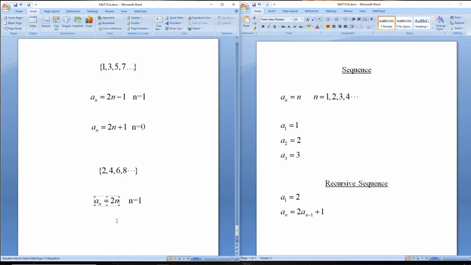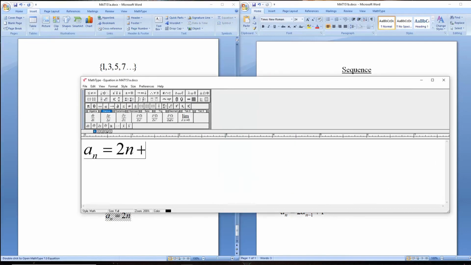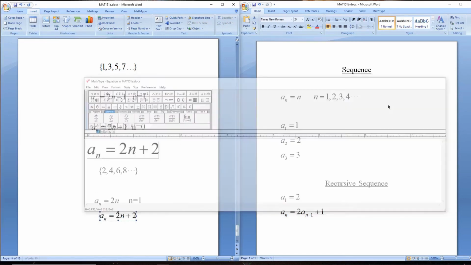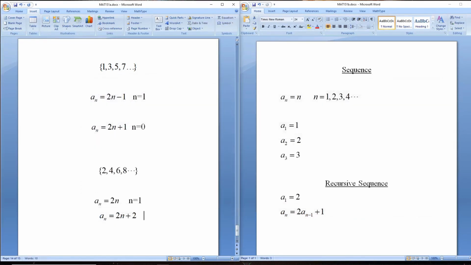And as a final statement here, if we do start at n equals 0, then the even numbers would be expressed by 2n plus 2. So I'm just pointing these out, 2n plus or minus 1, because this is commonly seen for odd numbers, and 2n is commonly seen for the even numbers.